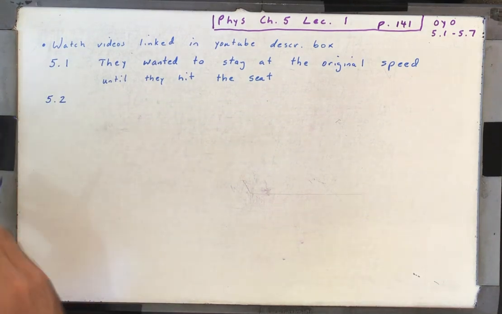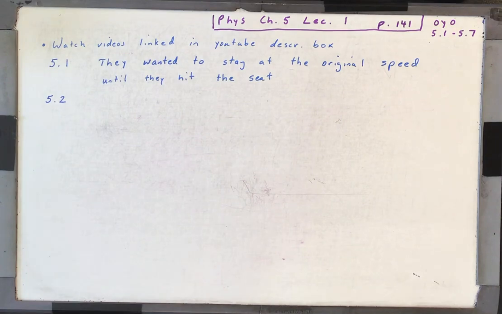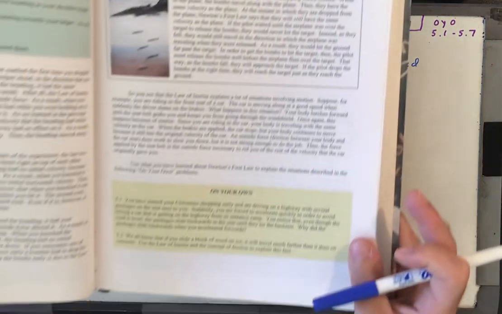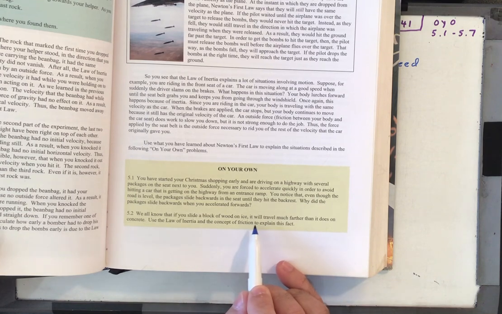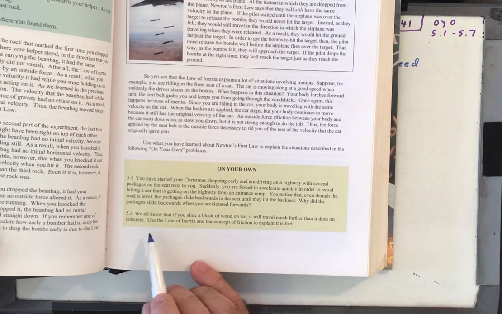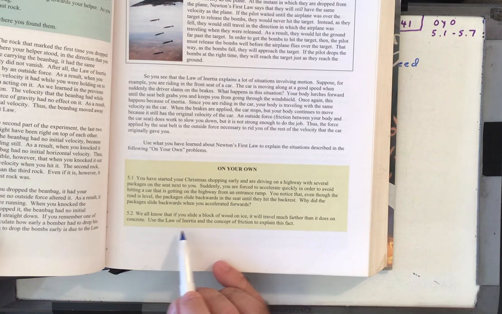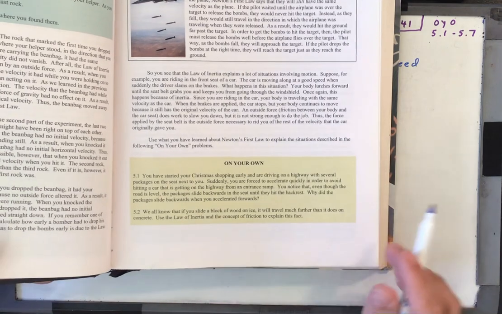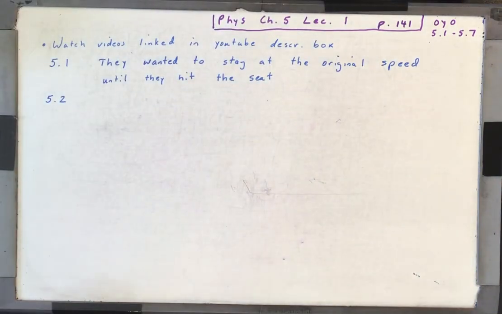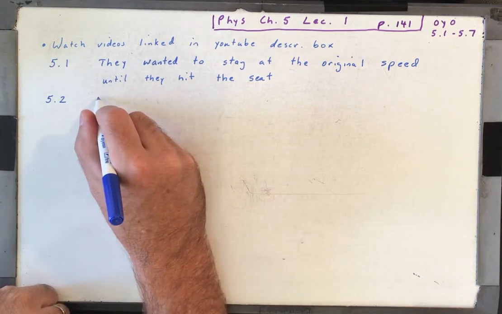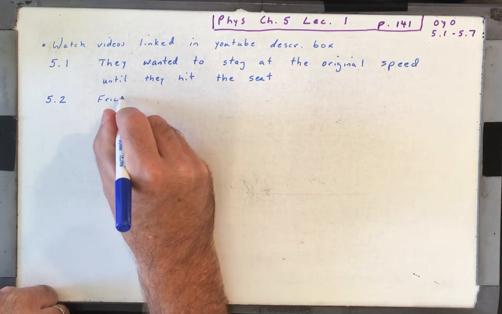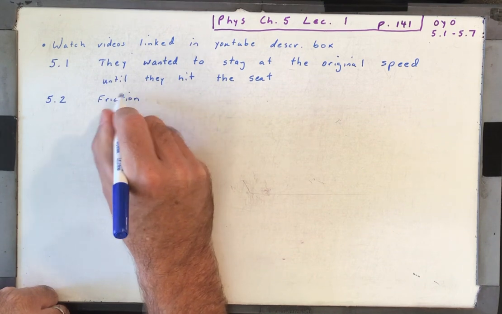All right, 5.2 says we all know that if you slide a block of wood on ice, it will travel much farther than it does on concrete. Use the law of inertia and the concept of friction to explain this fact. All right, well, friction just opposes motion. We'll talk about that a lot in just a little bit.